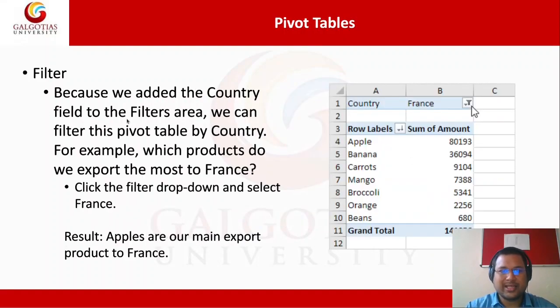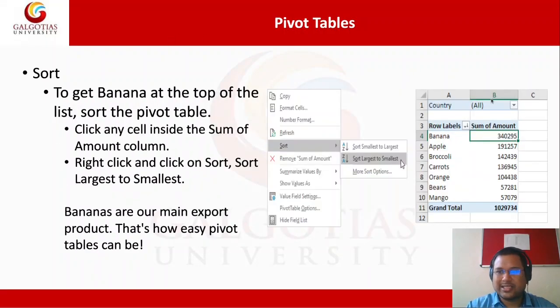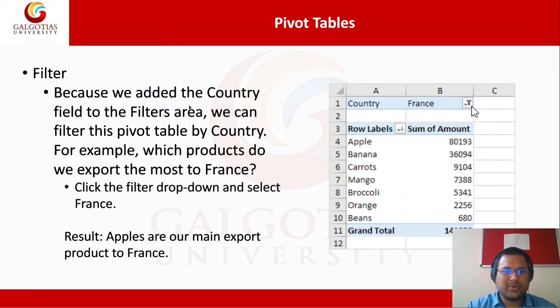Then filtering. Because we added the country field to the filters area, we can filter this pivot table by country. So country wise you can filter. Now for France, what is the highest exported amount? For different countries, what is the highest exported quantity, right? For example, which product do we export the most to France?